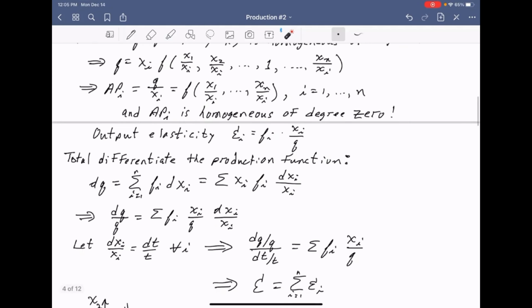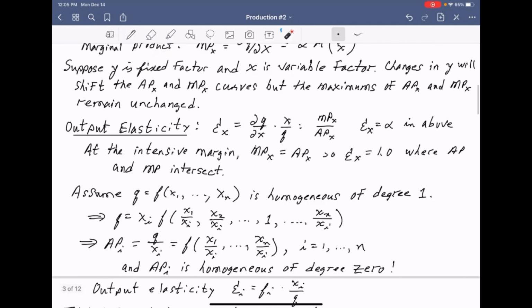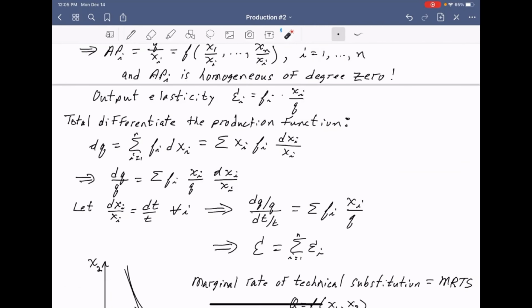of degree 0. Output elasticity, so this is not to be confused, the output elasticity is given by epsilon I equals the marginal product times the inverse of the average product. This is the inverse of the average product. We want to total differentiate the production function, and we get this result here.